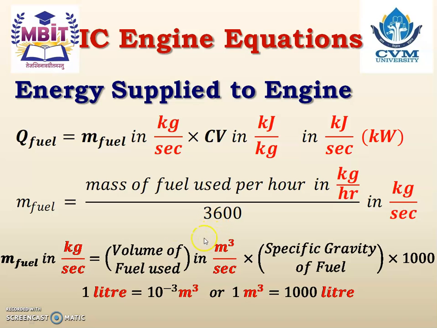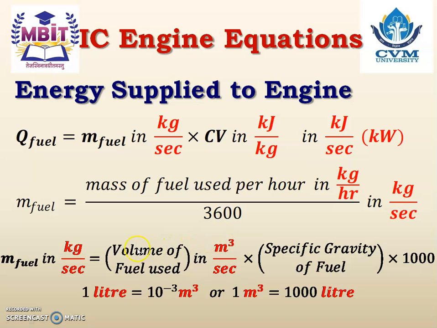Sometimes instead of mass of fuel used given, the volume of fuel used is given, either in meter cube per second or in liter per second. So the same is to be converted into kilogram per second to calculate the energy supplied to engine. So mass of fuel in kilogram per second is equal to volume of fuel used in meter cube per second multiplied by specific gravity of fuel multiplied by 1000.